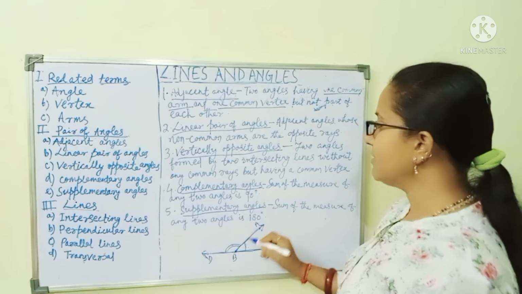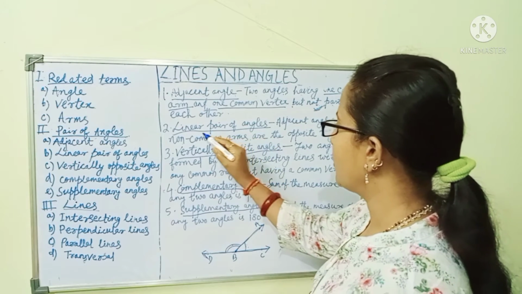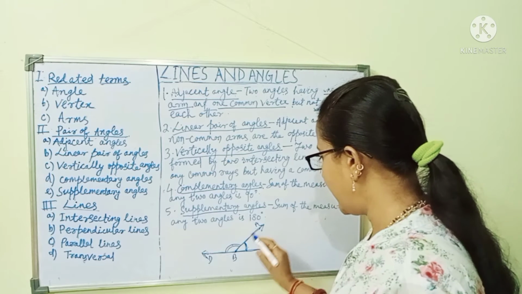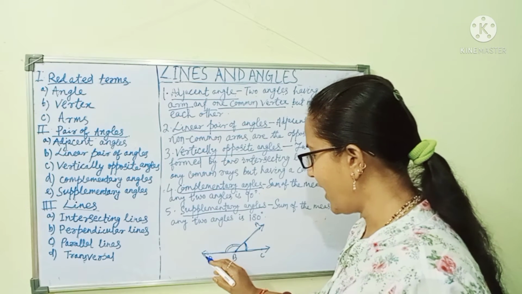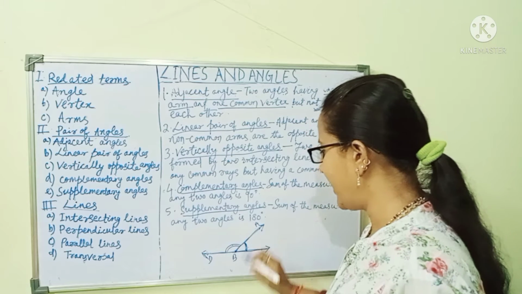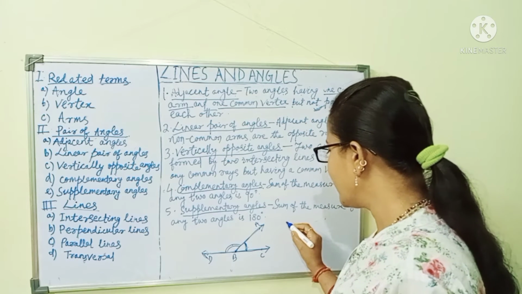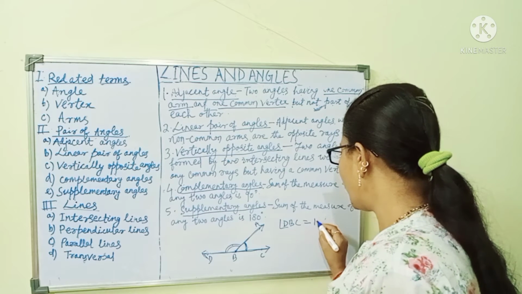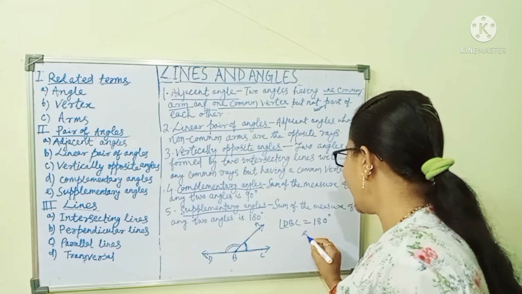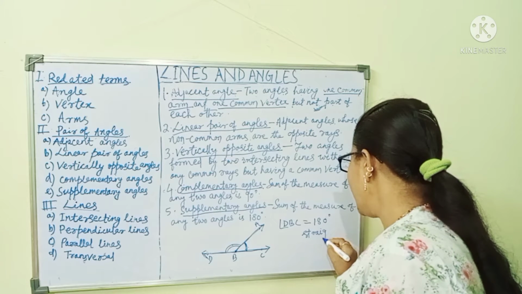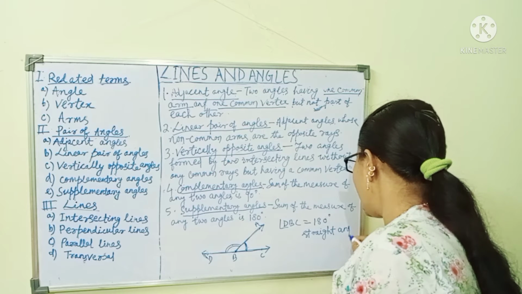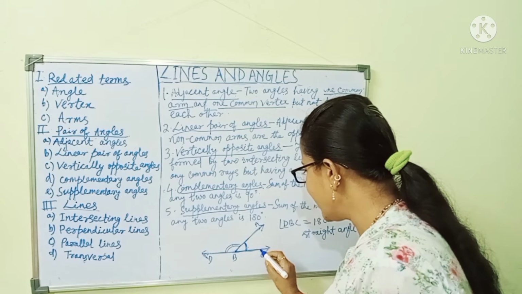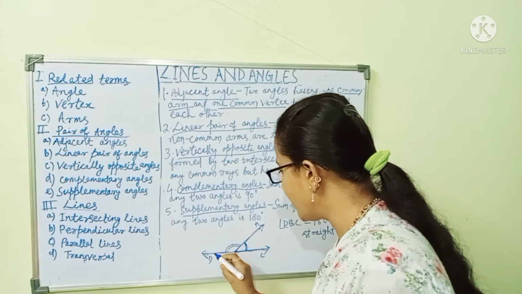Where you find this type of diagram, these are known as the linear pair of angles. ABC is a linear pair of angles with DBA, because the condition is that the DBC angle is equal to 180 degrees. It is a straight angle. They will form a straight angle because this BC ray is just opposite of BD.